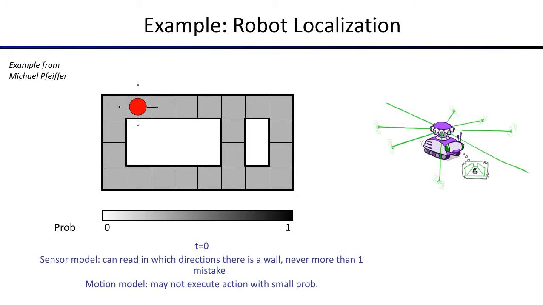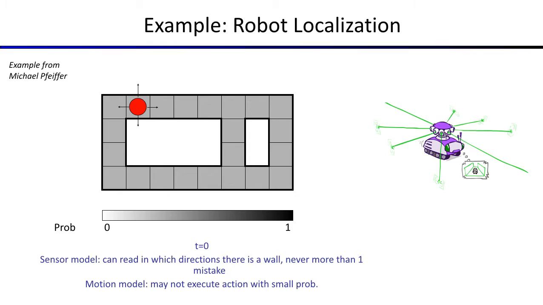So this is kind of the only observation that the robot is able to make of the world, is where the walls are. The robot also has some model of the dynamics of the world. So, as it's set up here, it's just going to try to drive to the right, as we've drawn it on the screen right now. It's going to keep doing its move right action at every time step, but that might not always succeed.